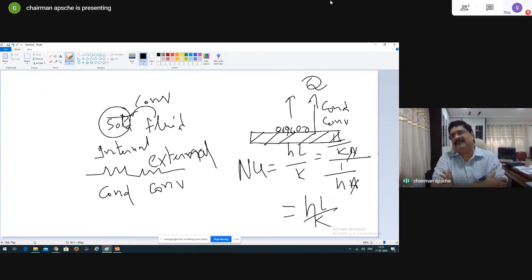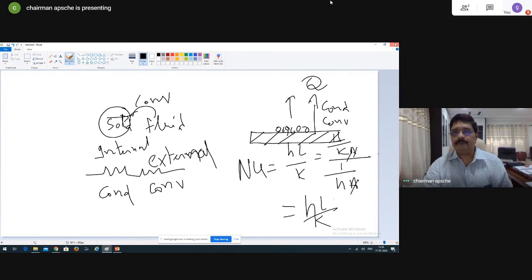So if it is a highly viscous fluid, the conduction resistance may be less, whereas convection resistance may be more. For all gases, conduction resistance is very, very high, whereas convection resistance is less. So it depends what it is, right?